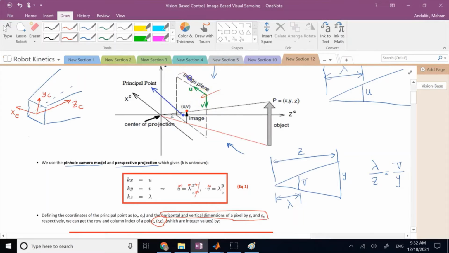So the whole width of this corresponds to so many pixels, we call it SX, and the vertical dimension of it corresponds to, again, so many other pixels, we call it SY, depending on how many of these receiving sensors are embedded along each direction of what you call your camera reception plane, or you might just call it CCD.